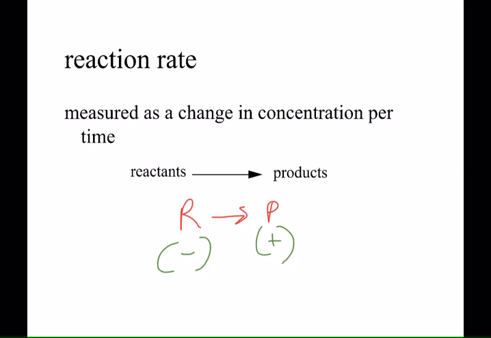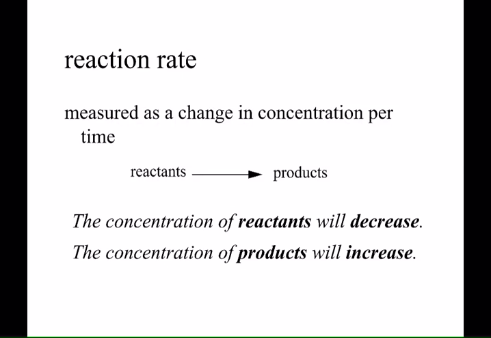Okay, so we could track either one of those. So again, we could look at the reactant, I put a negative sign here, decreasing, or the product, I put a plus sign here, increasing. We could track either one.